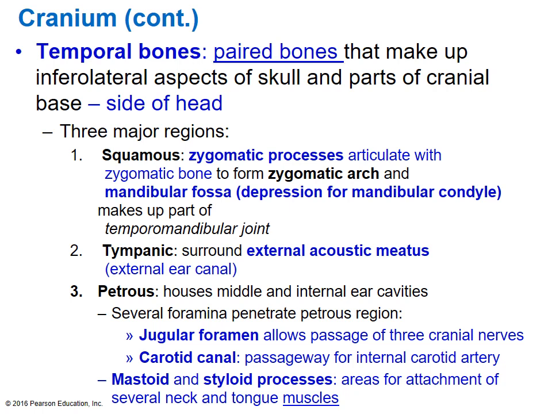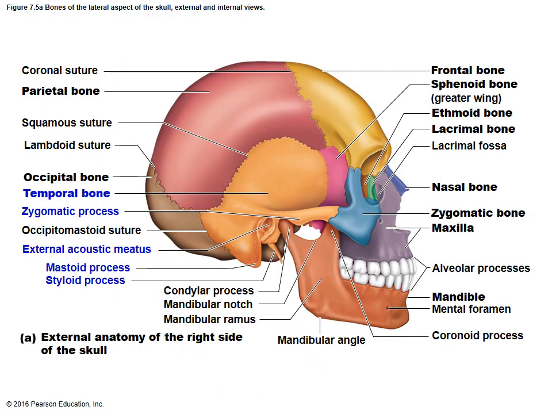Now let's take a look at what this looks like. So you can see right here you have your temporal bone, and looking on the side you have a bridge formation that's extending from the temporal bone. That's going to be your zygomatic process, and as you can see it will extend and connect with the zygomatic bone, which is your cheekbone colored in blue.